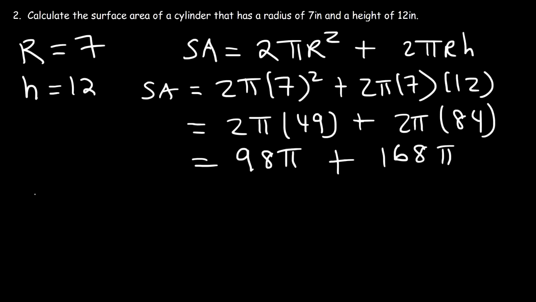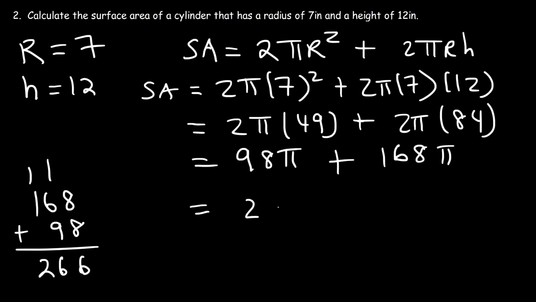So now what we need to do is add 168 and 98 together. 8 plus 8 is 16. 1 plus 6 is 7. 7 plus 9 is also 16. Carry over the 1. And so this is going to be 266 pi.